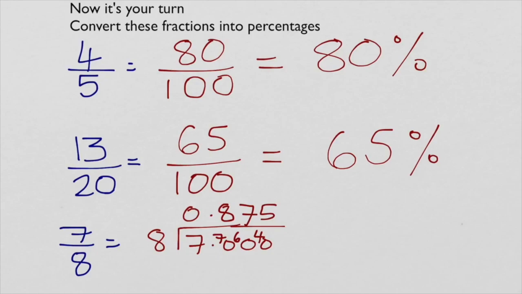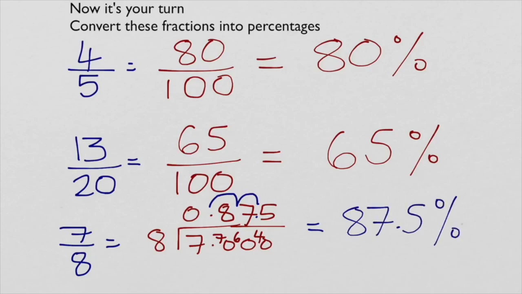So my answer is 0.875. Then you have to turn that decimal into a percentage by multiplying by 100, moving the decimal place 2 places to the right. So my answer is 87.5%. Excellent if you got those 3 correct.